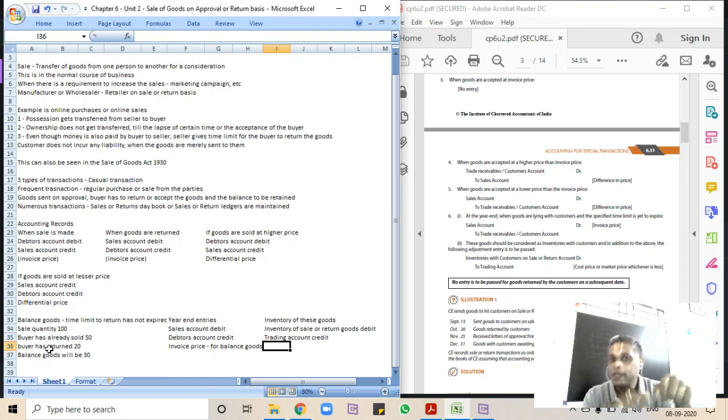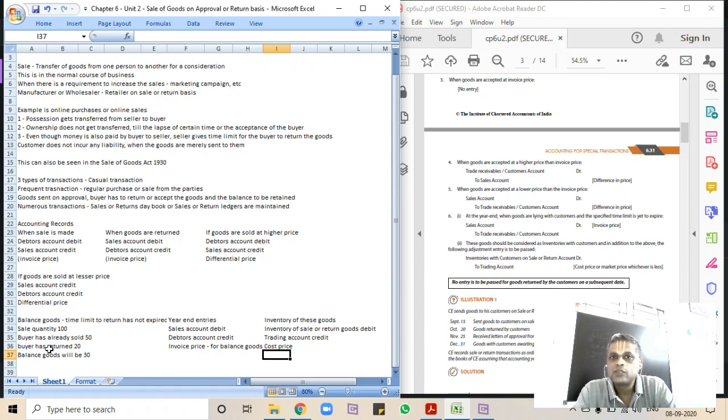This should be shown in the trading account as part of the closing stock, and this should be at the cost price. If the invoice price is less, then obviously it is the invoice price, whichever is lower. So it should be shown at cost price.